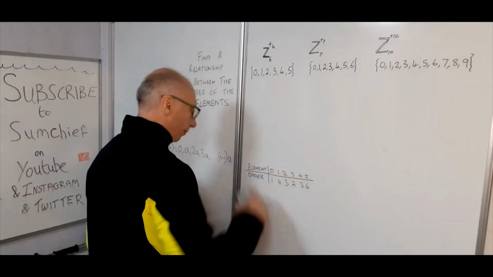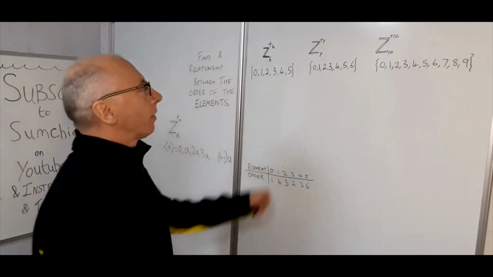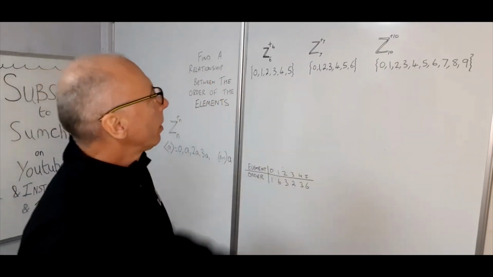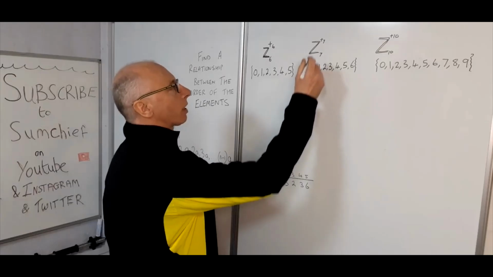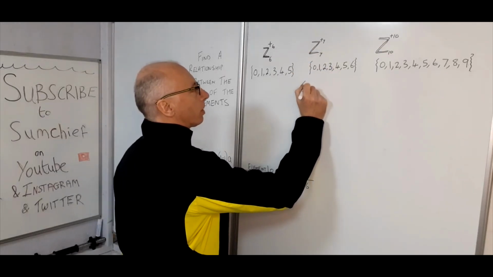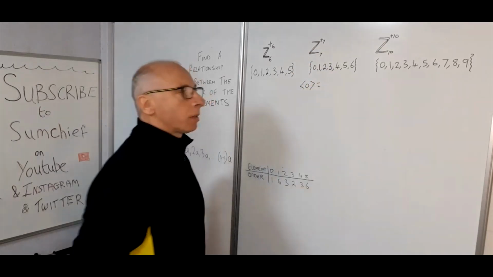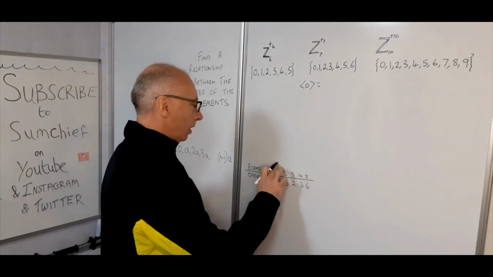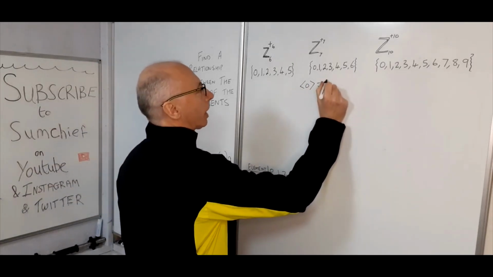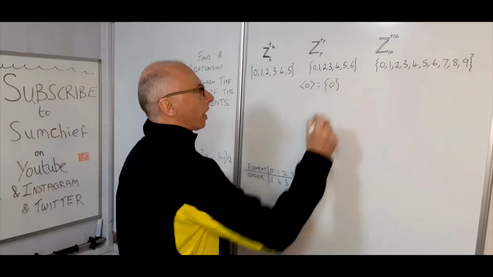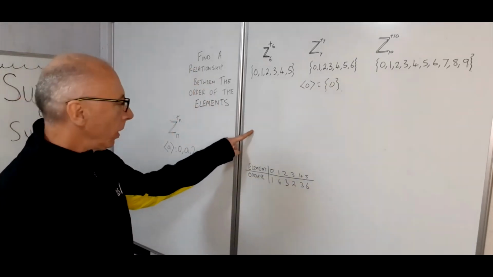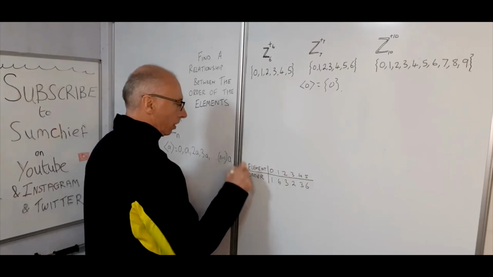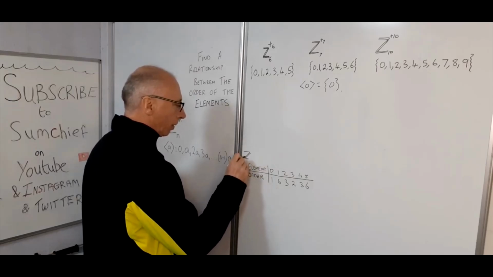Okay, now let's have a look at this one here, the integers from 0 to 6, modulus 7. Same pattern as before. 0, keep adding 0, that's just going to be the set 0. I'm going to write this little table next to this one so we can see if there's some sort of pattern going on.